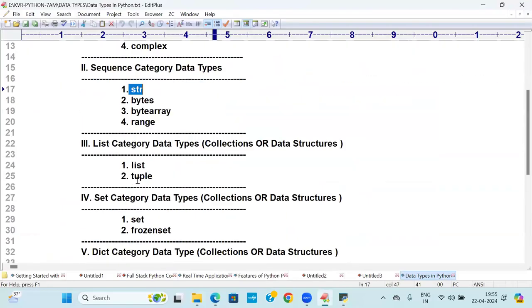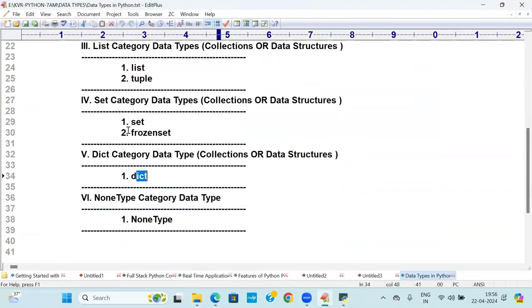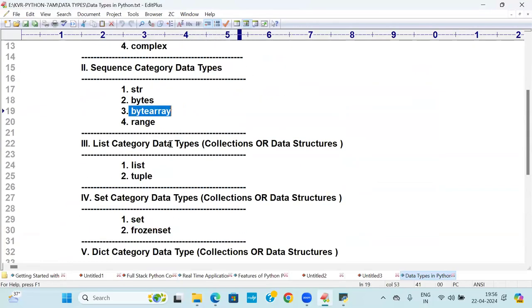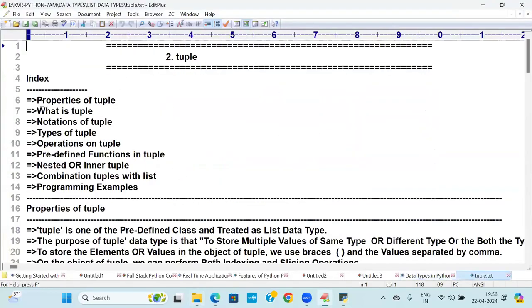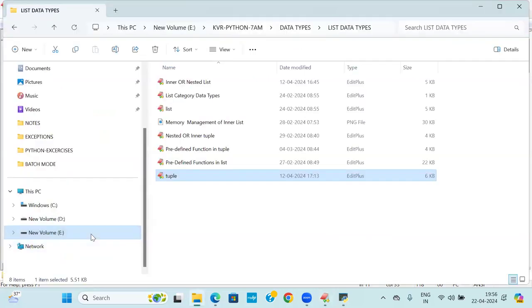And you asked about the list category: list, tuple, set, frozen set, all these things. About your concept of tuple, you see how big an explanation I'm giving. What is tuple, notations of tuple, types of tuples, operations on tuple. And data frames, lists and all, 100%. These are pandas.